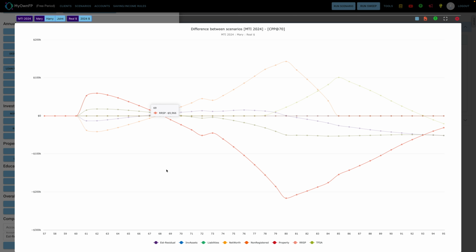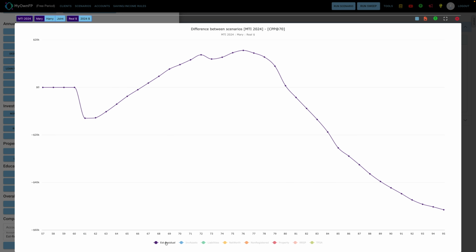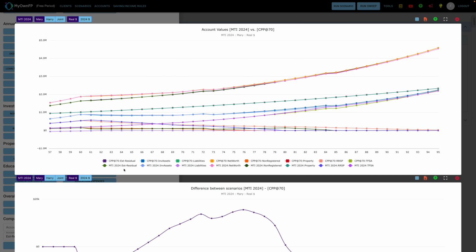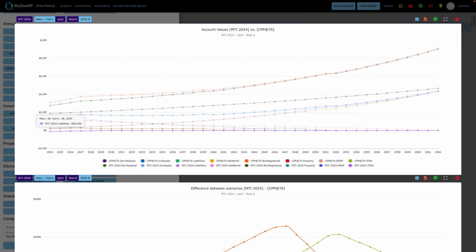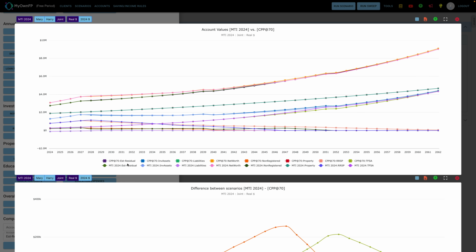So let's take a look at our estate residual. So again, remember, we're looking at a $9 million estate. Let's just quickly do our joint estate residual.